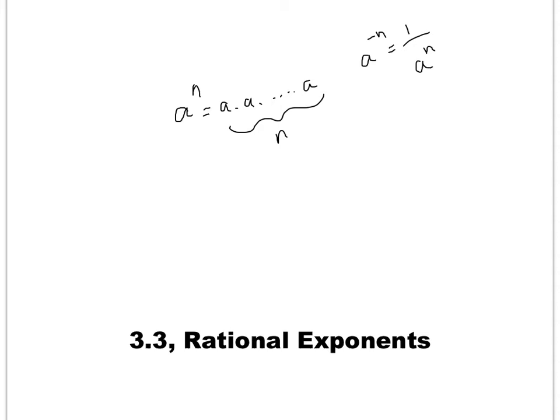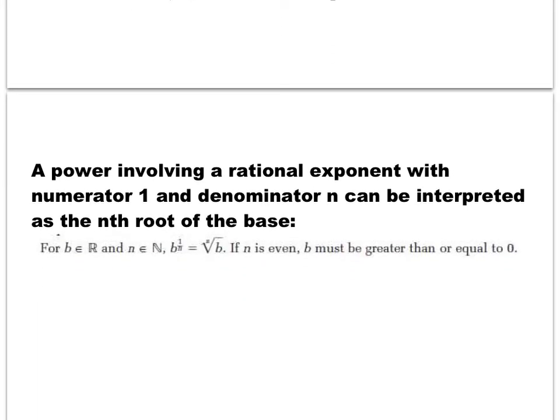Now in this lesson we are going to talk about numbers with rational exponents. The first thing that we are going to define is if the rational exponent has a numerator of 1 and a denominator n, we are going to write any number b exponent 1 over n as b root n.